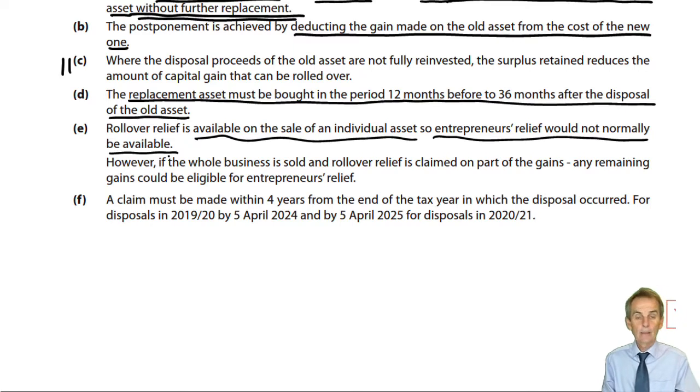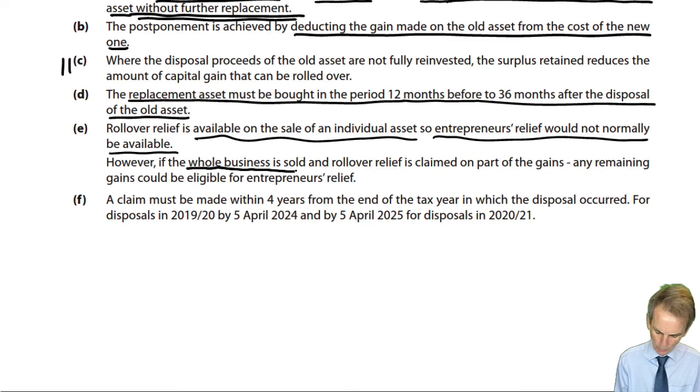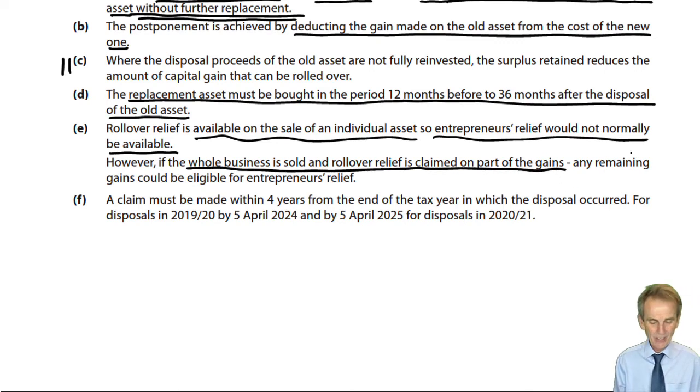So here, to recognise that fact, as long as we replace the old asset with a new asset, and if we then reinvest all of the sale proceeds, then all of the gain will be deferred through a claim for rollover relief, should we, as we will, choose to make that claim. However, if the whole business is sold and rollover relief is claimed on part of the gains, you probably wouldn't do this.